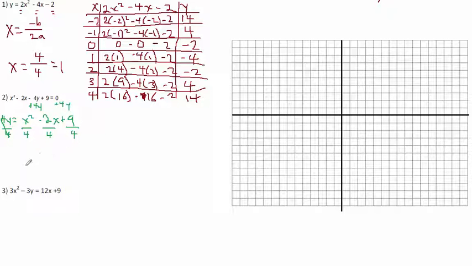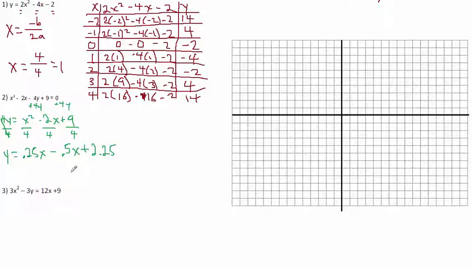All right. So we've got y equals 1/4 x squared, and I'm going to say 0.25x squared, minus, well, it's negative a half, so I'll say 0.5x, plus 9/4, I'll say 2.25. Again, it's just a little easier when you use the decimals. Okay, what is our turning point?